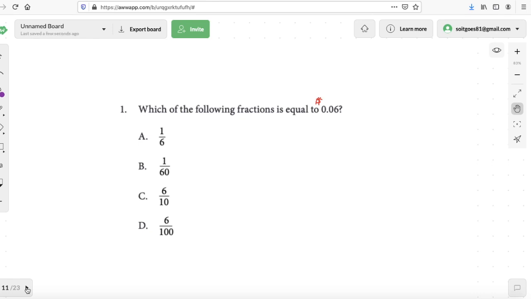Okay. Let's look at the answer choices. Is 1/6 of a dollar 6 cents? No. 1/6 of a dollar would be how much, roughly? Give me an estimate. If you have a dollar and you split it evenly among your 6 friends, how much is each friend getting, roughly?